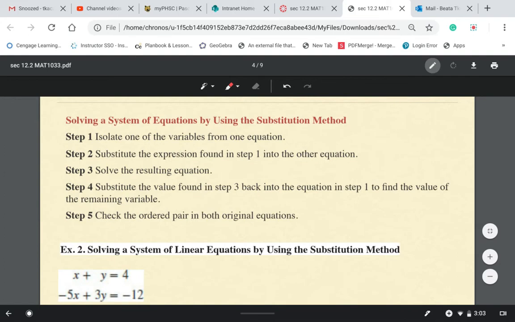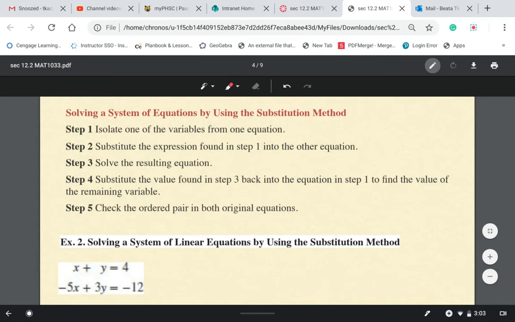So step one, isolate one of the variable from one equation. Step two, substitute the expression find in step one into the other equation. Step three, solve the resulting equation. So that's when your equation has only one variable. Step 4, substitute the value find in step 3 back into equation in step 1 to find the value of the remaining variable.